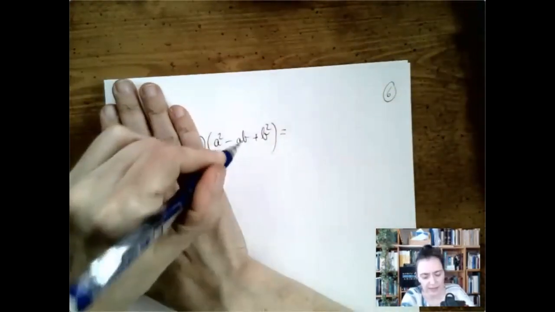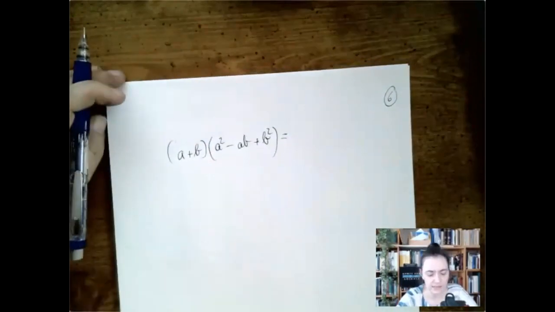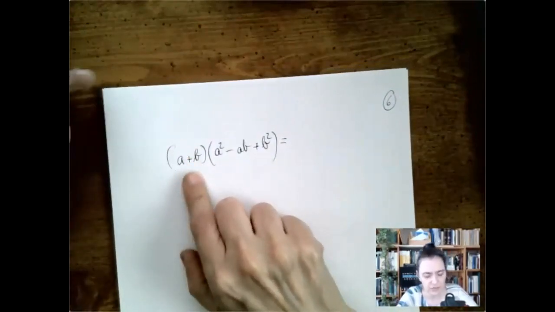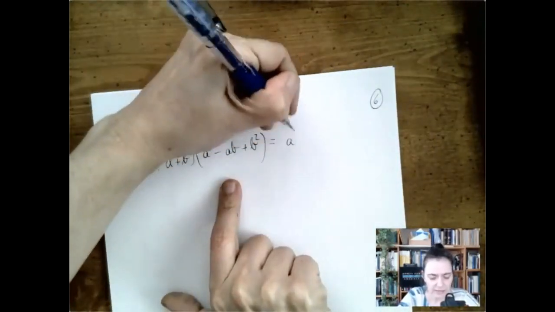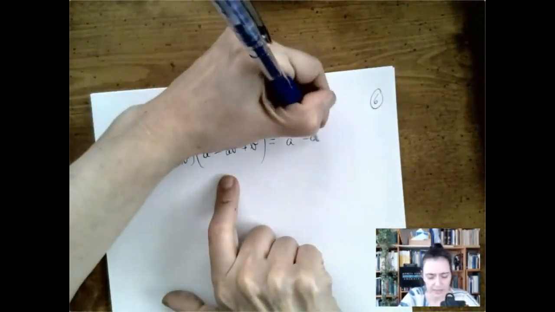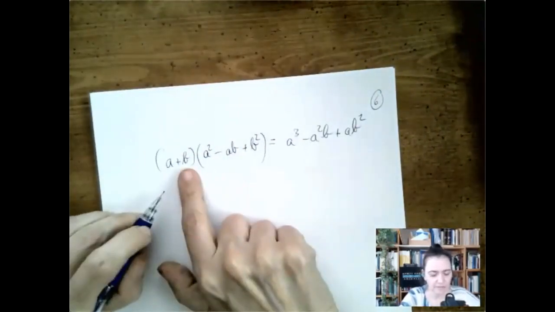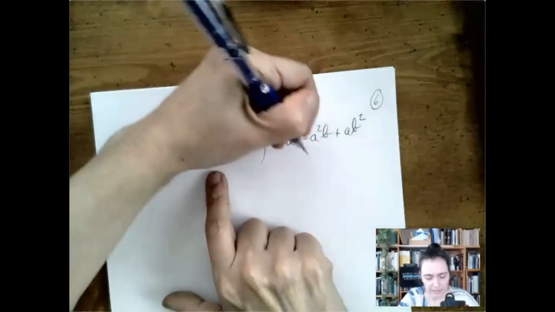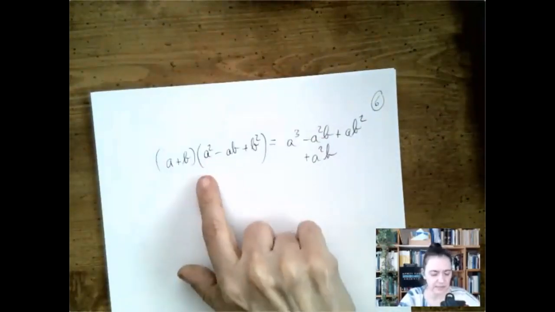First, we're going to multiply everybody here by a and then by b. The signs here are easier, there's no minus to worry about. So when we hit it with a, we get a cubed minus a squared b plus ab squared. And then when we hit it with b, we get plus a squared b. You see that? There is the cancellation.